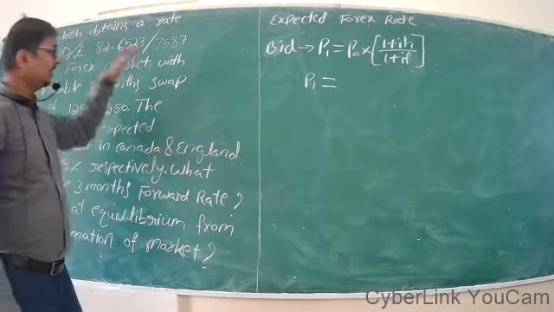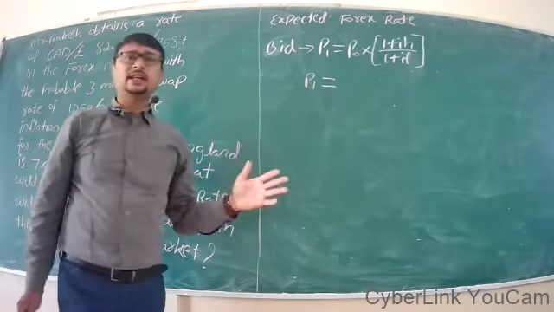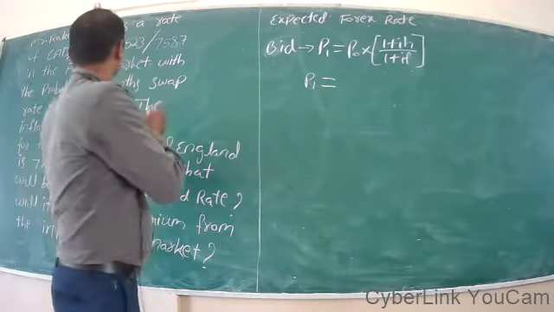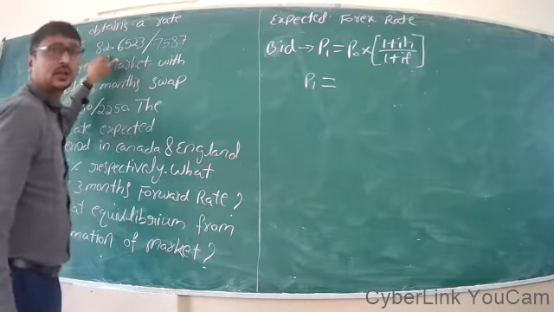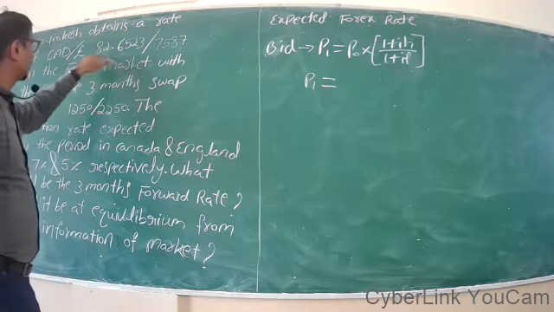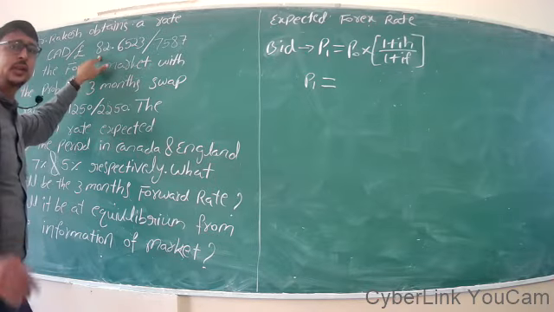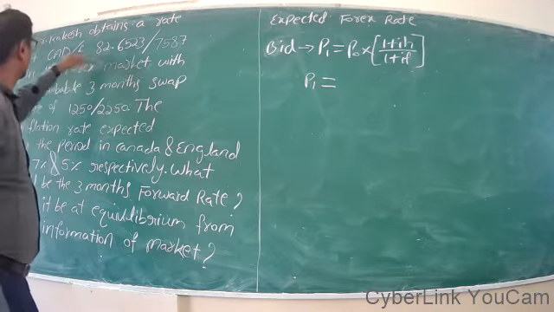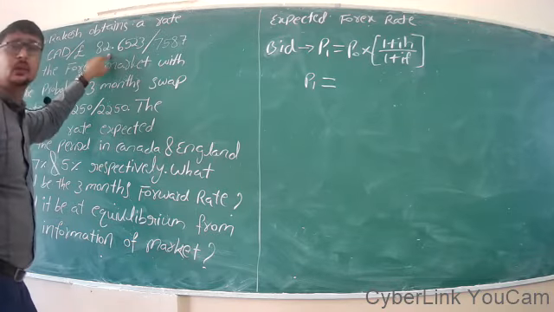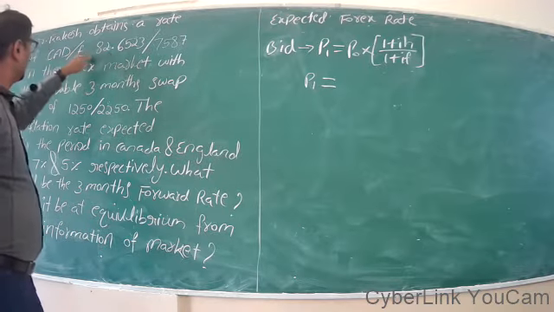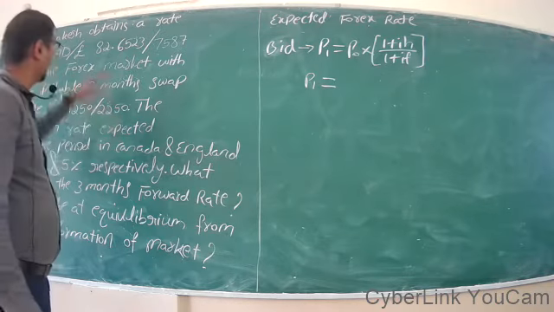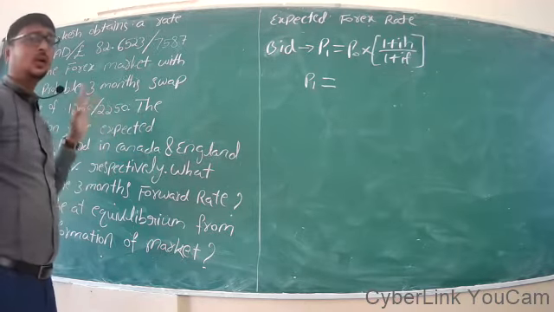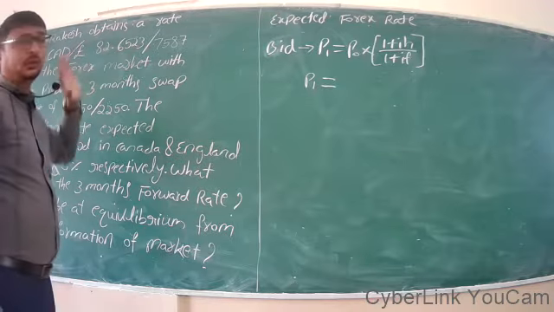If we identify this quotation with the help of direct quotation, then the base currency is 1 sterling pound. That is given in 1 unit. 1 sterling pound is equals to Canadian dollar, it is the variable. So the foreign currency is given in one unit, that is 1 sterling pound, and the quoted currency Canadian dollar is the variable.